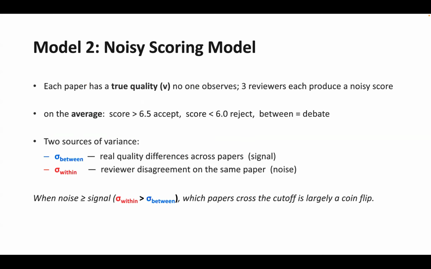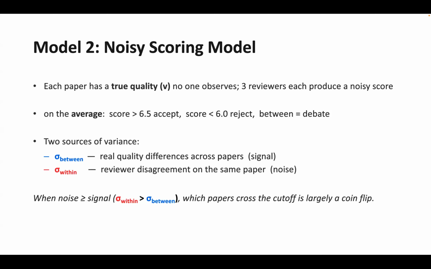The other model they had is called the noisy scoring model, and I'm also a little fuzzy on the details here, but I can explain whatever I could understand. There are two different types of variation we can see. The first is sigma between, which is basically the real quality difference across papers. For example, if 1,000 papers are submitted, some papers will be really good, some should not be accepted, and I assume there is a normal distribution or a given variation in this score. The other is sigma within, which is, for the same paper, if we give it to multiple reviewers, how much their scores vary.